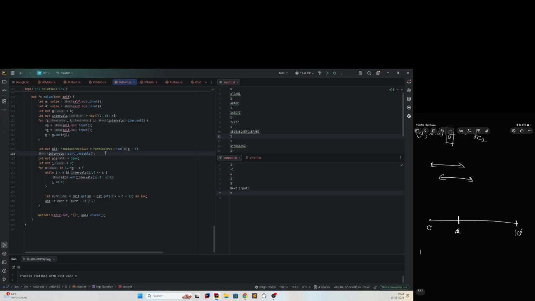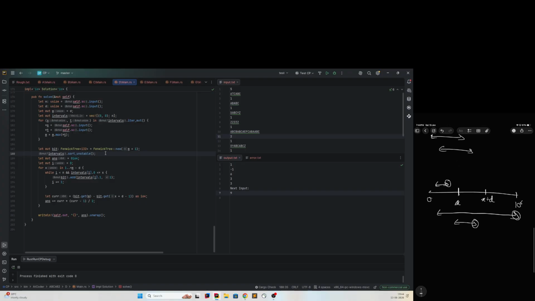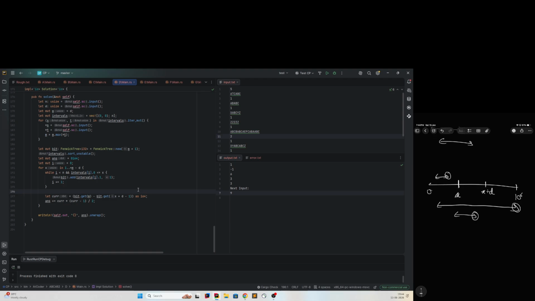So till now, I have added all the intervals that start at or before x. Some can be like this, some can be like this, and x plus d is here. So here I store the frequency of all the end times in a Fenwick tree.